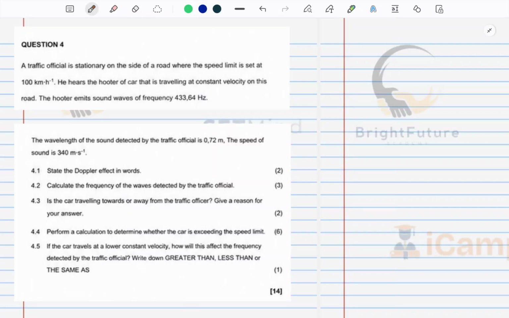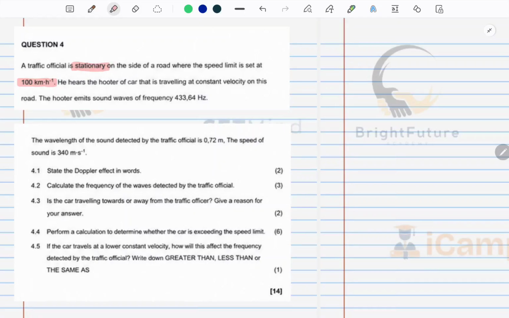Okay, now we are looking at Doppler effect. Question 4. So it's saying here a traffic official is stationary on the side of the road where the speed limit is set to 100 kilometers per hour. He hears a hooter of a car traveling at a constant velocity on this road.